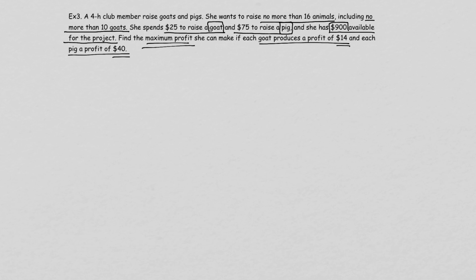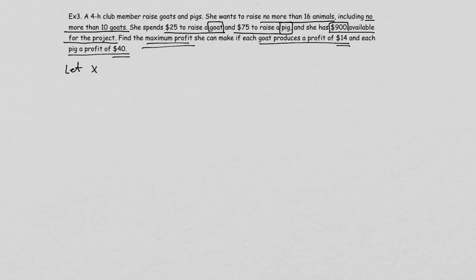How are we going to find the maximum profit? So we're going to use the examples that we did before. In order to do that, we should be able to create some inequalities, right? So the first thing I wanted to do is we're going to let an unknown variable represent some of the wording.